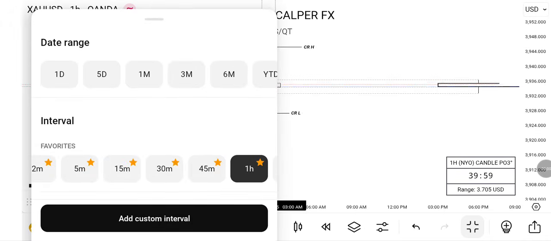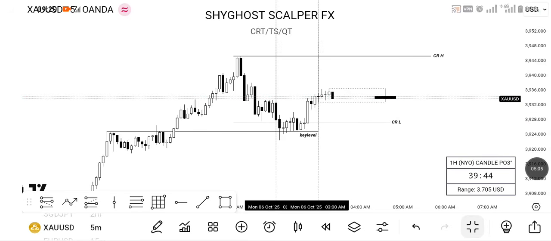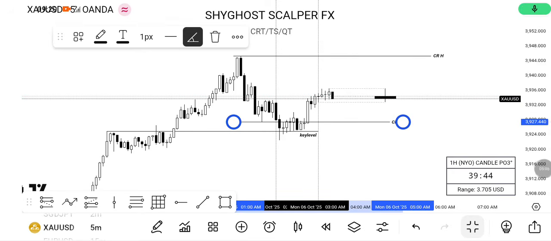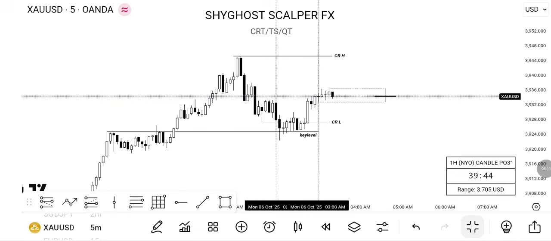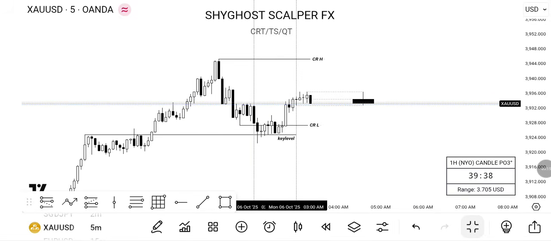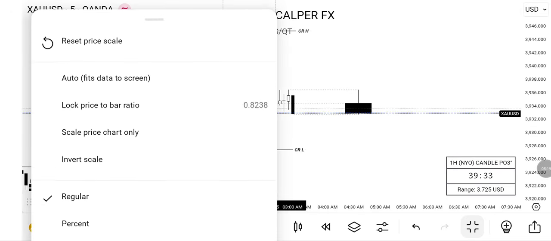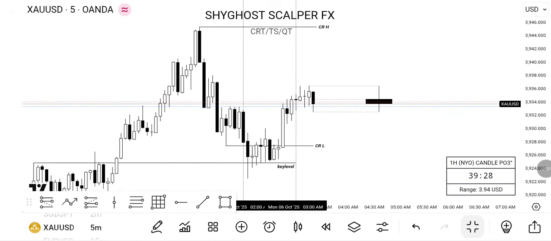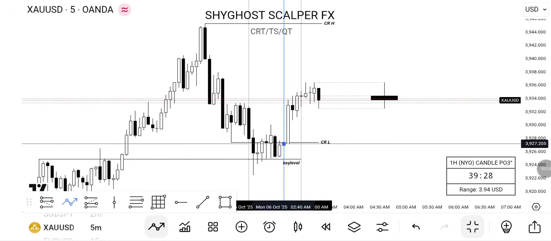So let's go down to M5. So now we are at the M5 time frame, right? Just quickly fix these charts first. So on M5 we need to check, let's say price is still here, right?